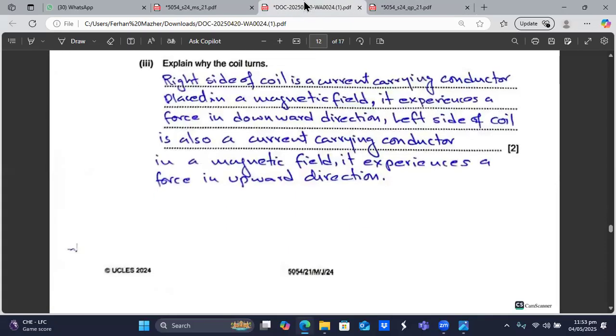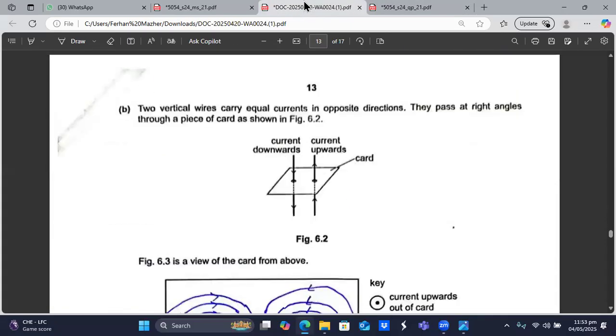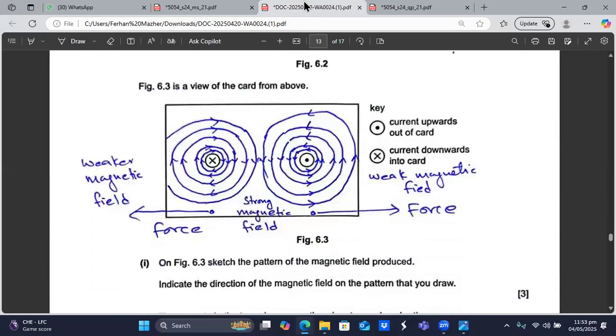I have told you that by using the right hand rule we are able to find it. You can see here around this wire we have shown anti-clockwise, and here the magnetic field has been shown clockwise. And how do I know which is clockwise and which is anti-clockwise? This is because I'm using the right hand grip rule for straight conductors. I hope you have studied that.